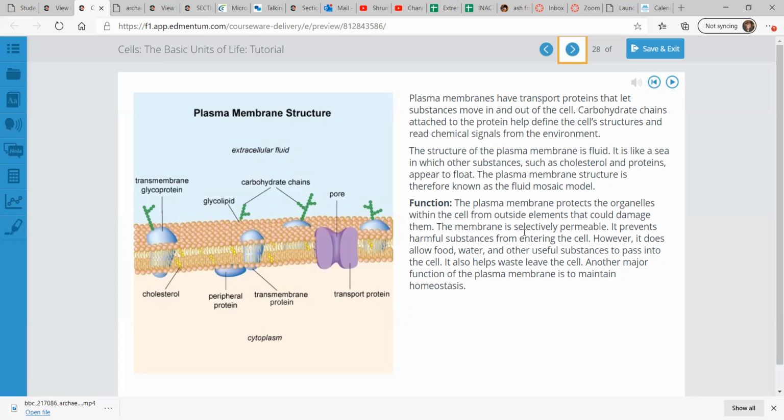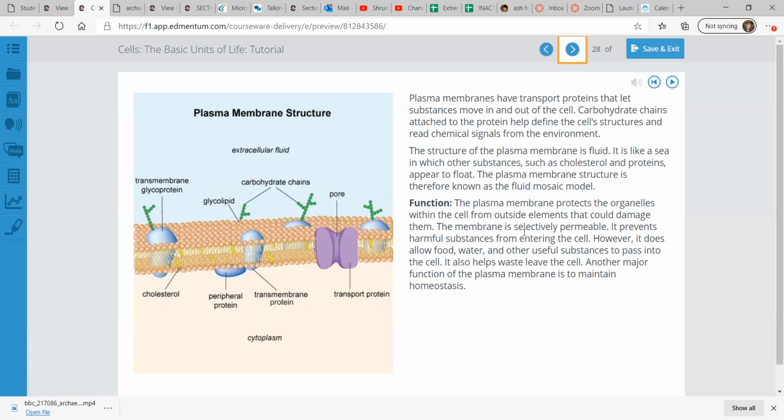It prevents the harmful, toxic substances from entering the cell. It allows food, water, and other substances to pass into the cell. And it also helps waste leave the cell. Another major function is to maintain homeostasis. So this membrane does a lot of things for the cell.